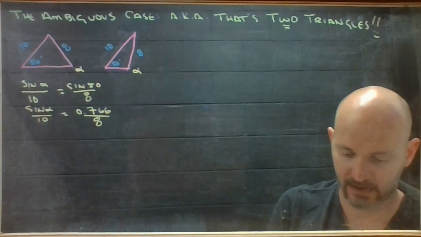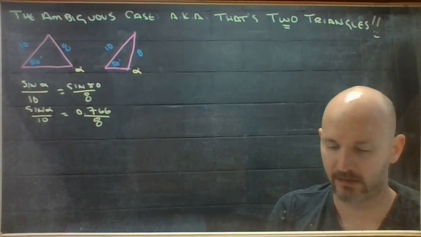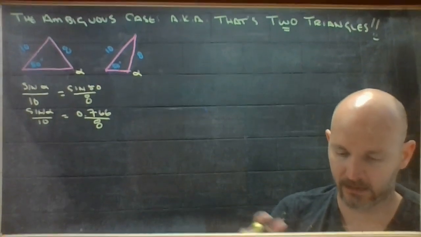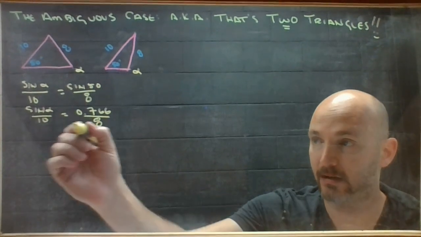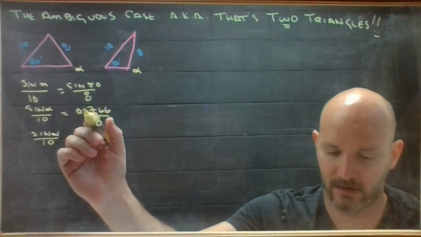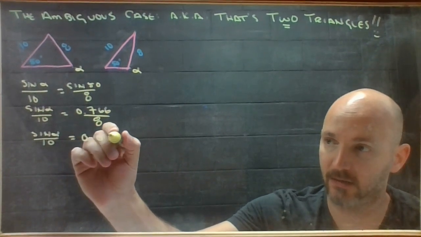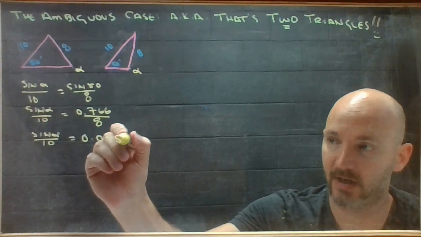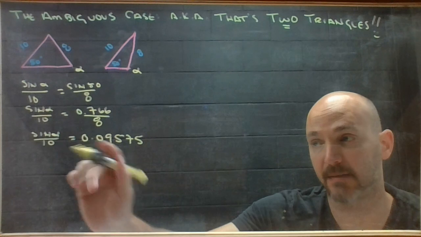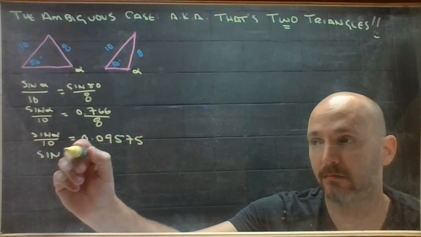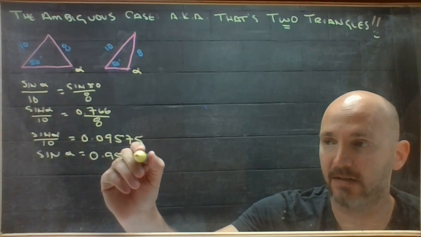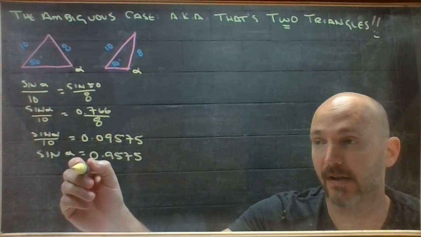And 0.766 divided by 8, that can't be right, 0.766 divided by 8 gives me 0.09575. Multiply both sides by 10. So that will be 0.9575. And now I need to arc sine.